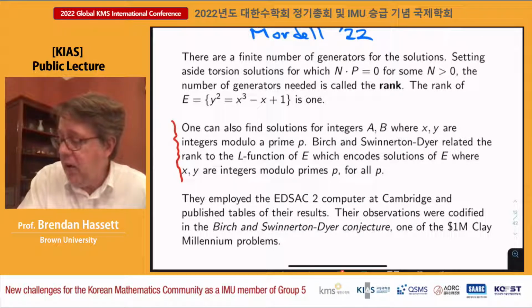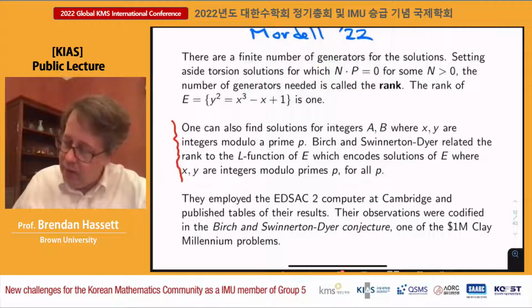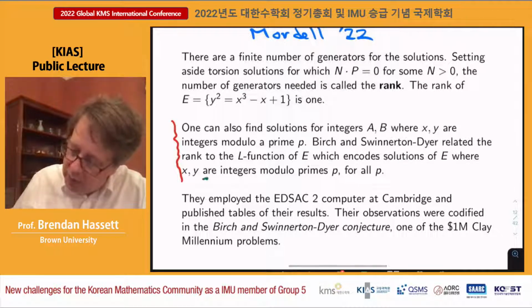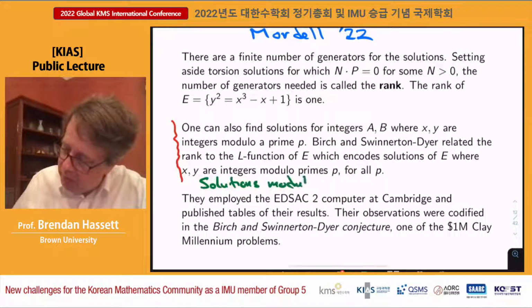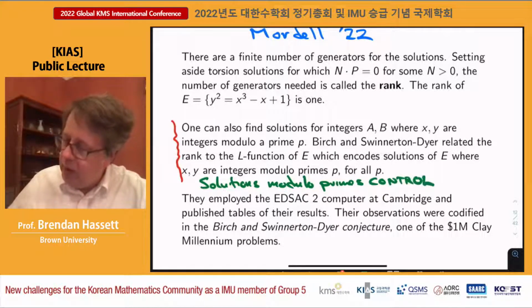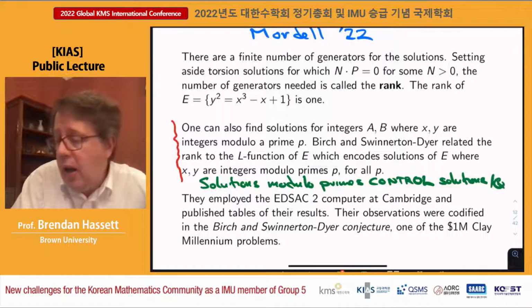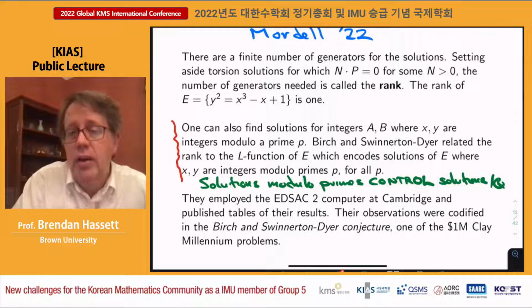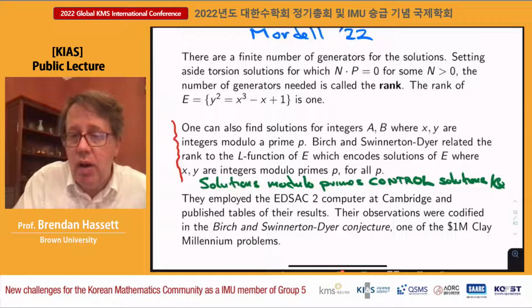And the basic idea here, let me write this in schematic form, is that the solutions modulo primes control the solutions over the rational numbers. So if you have really precise information about the solutions over all the primes P, you can basically read off what the solutions are.